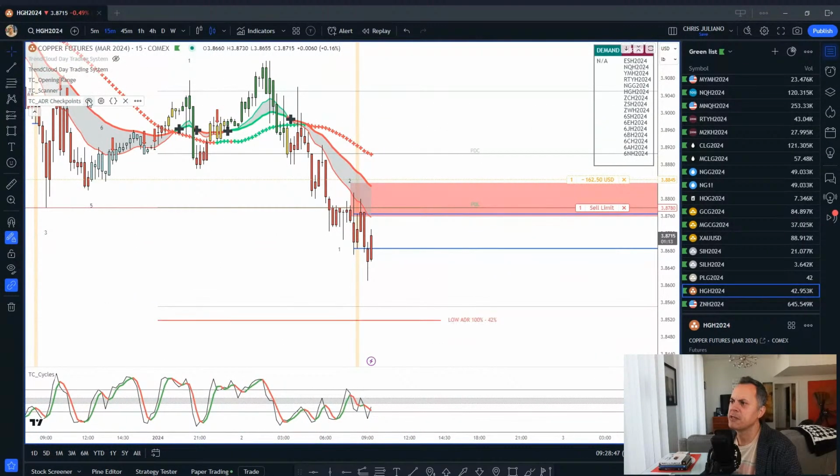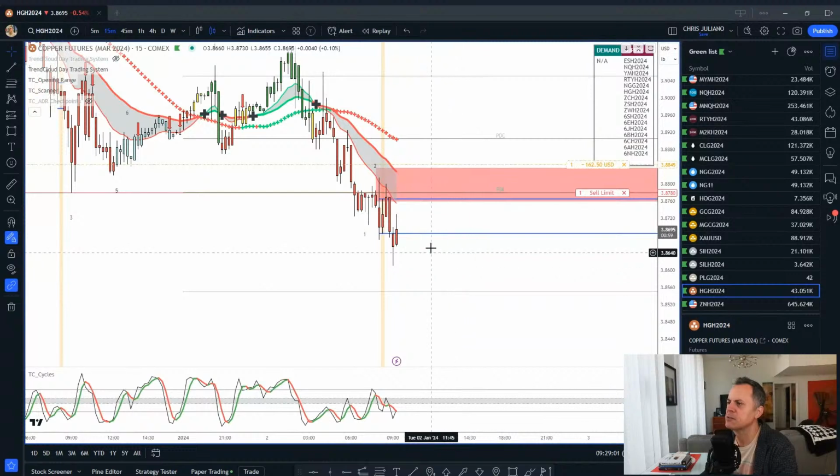Now let's put those ADR checkpoints on here. No, I don't see any there. Let's see. Okay. All right, and it is starting to take off, it looks like. So unfortunately, because copper is so expensive, we can't really just put a signal down here to go short.